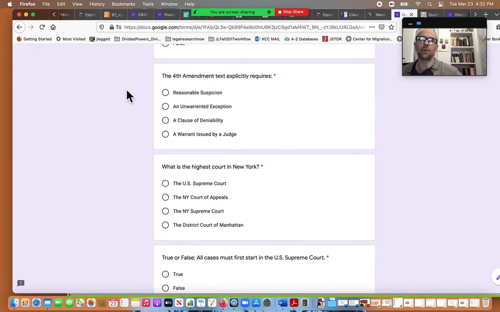The other one is that I really want you to get this answer correct, so I'm going to tell you what the answer is. The 4th Amendment explicitly requires a warrant issued by a judge. Some people interpret it to mean that it implies reasonable suspicion. But it does not say reasonable suspicion as a requirement of a warrant, right?